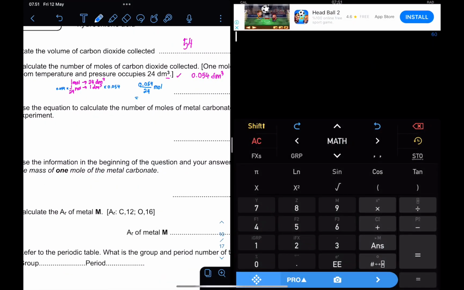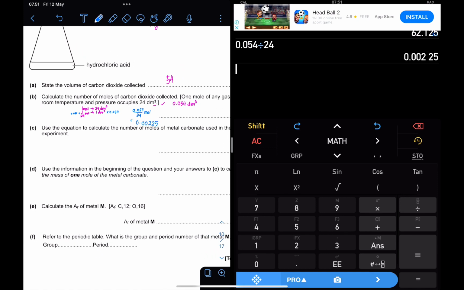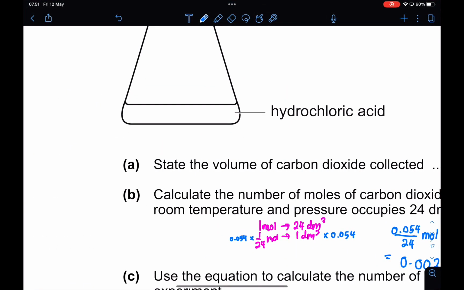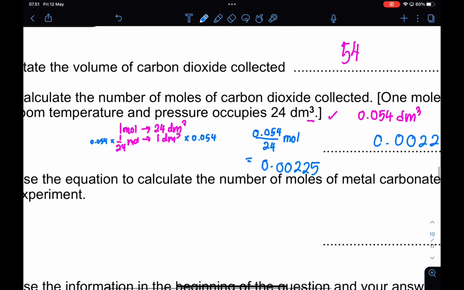Use your calculator, 0.054 divided by 24, and you will get 0.00225. So I will just keep it as it is, 0.00225.